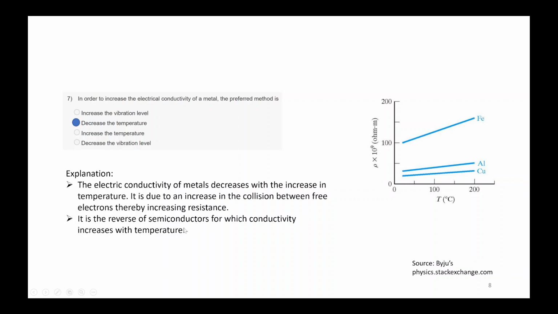In case of metals, here it is shown as we are increasing temperature, this resistivity is increasing, so it is lowest at lower temperatures. So these are metals: copper, aluminium, iron, and here copper is highly conductive compared to iron and aluminium.